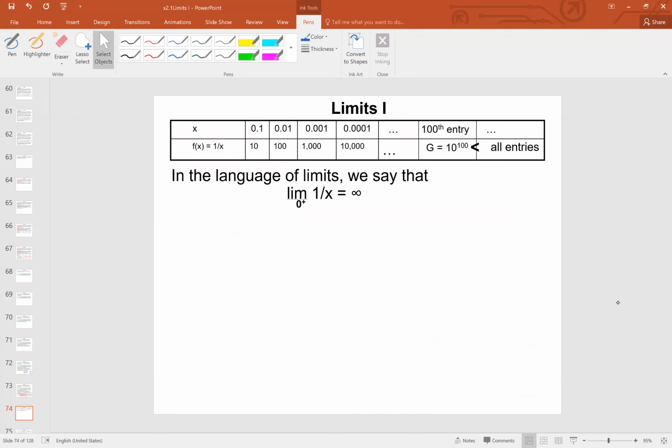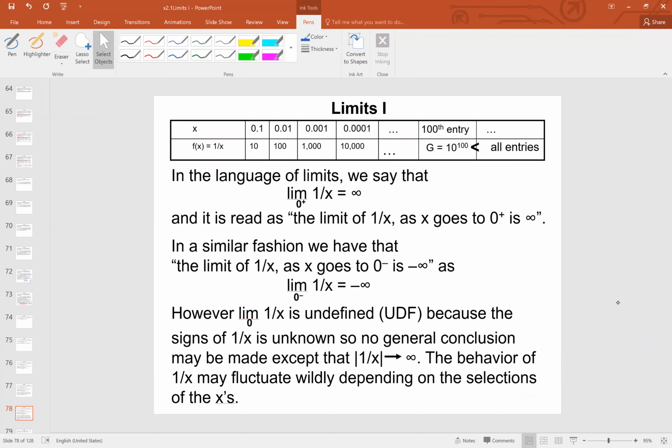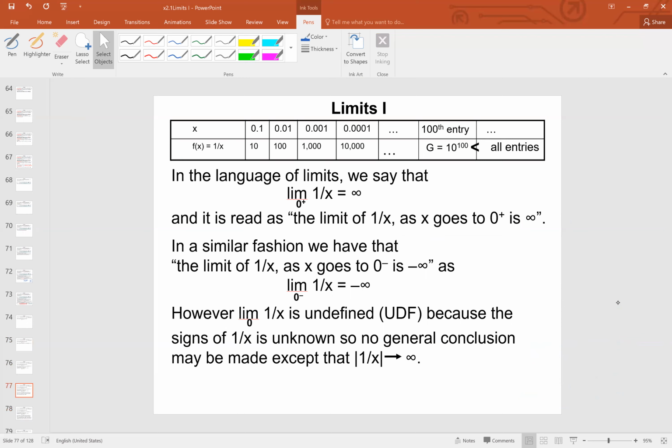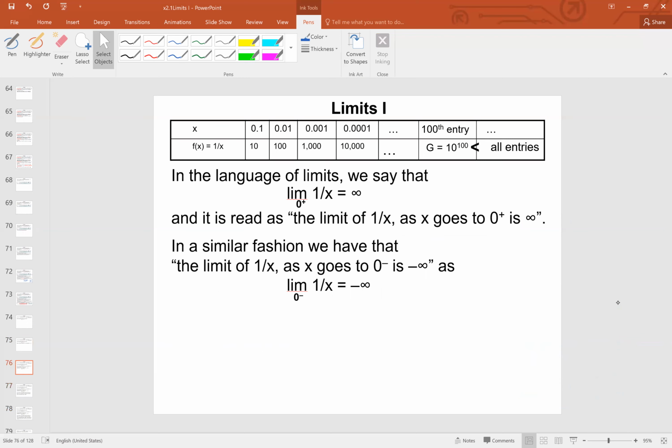In particular, if x goes to 0 plus, then the output will go to positive infinity, becoming bigger and bigger. If x goes to 0 minus on the left-hand side, because the output fraction is negative, you will get bigger and bigger negative numbers.